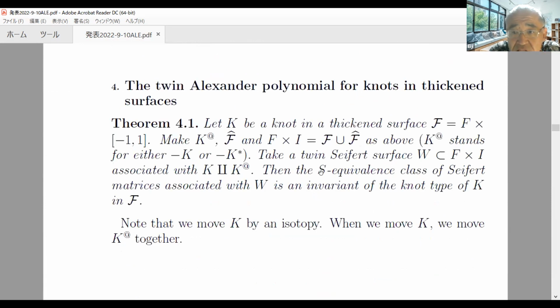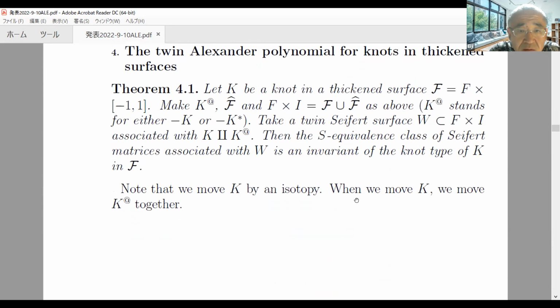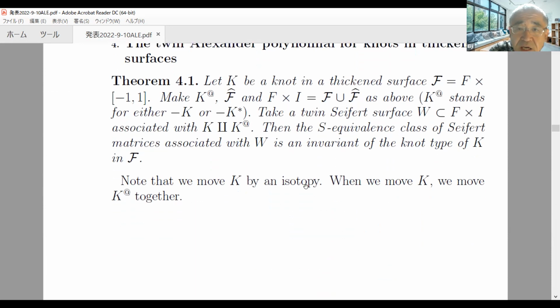Then the GS equivalence class of Seifert matrices associated with a twin Seifert surface is a type invariant. We move K by an isotopy, then we move K-hat together.